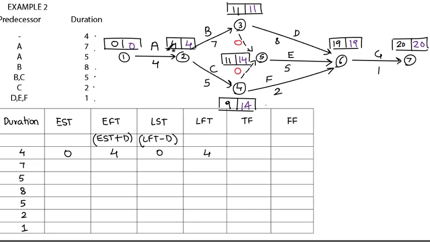Now we forgot to mention the critical path. Whichever activities lie on the same number boxes, those are the critical path, which is mentioned by double arrows.